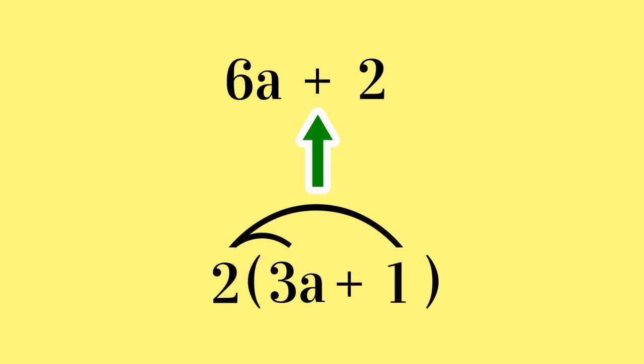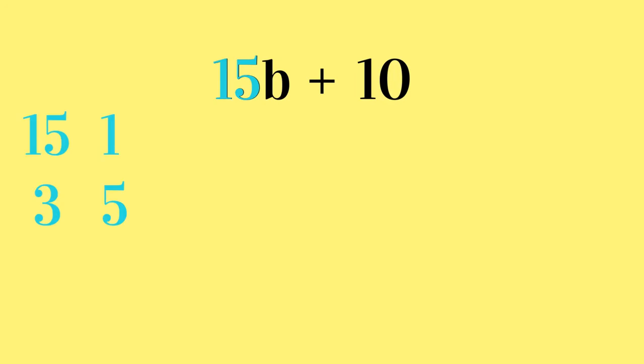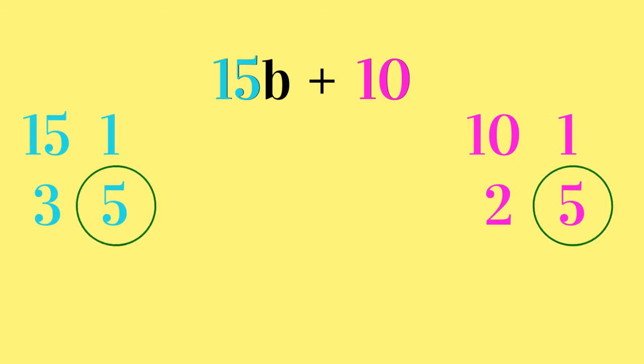Here is another example. If we had 15b add 10, we can factorise this expression by finding all the factors of 15 and 10. The highest common factor is 5, so 5 goes on the outside of the brackets.